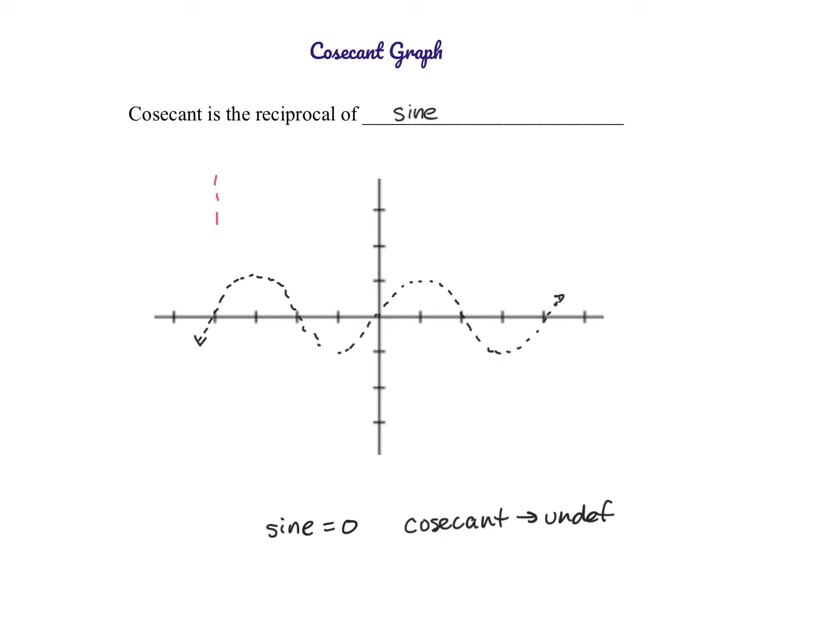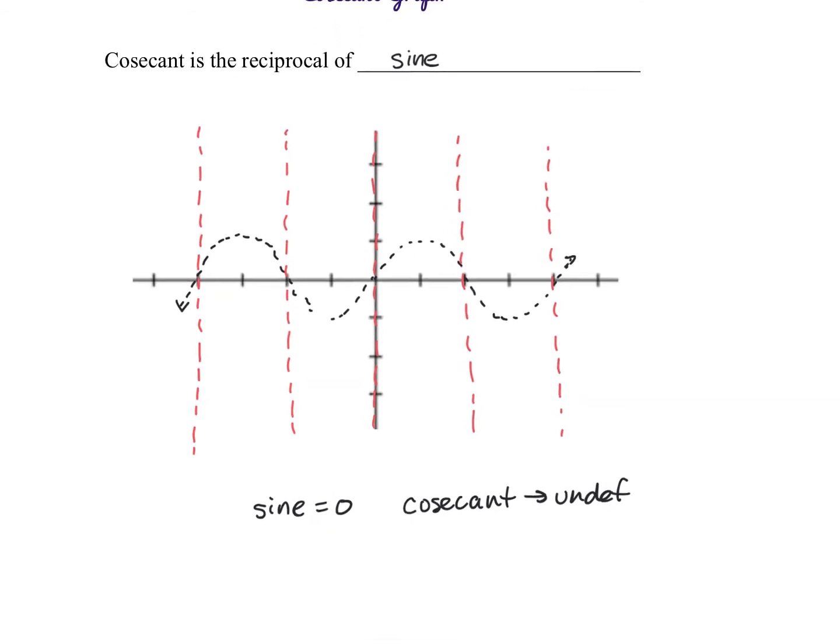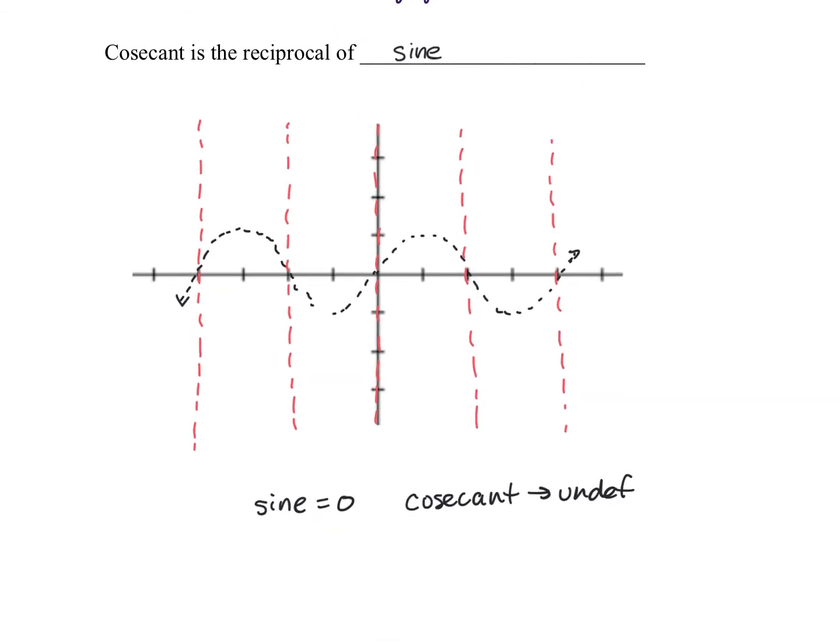So any place that I see an x-intercept, I'm going to sketch in a vertical asymptote. Cosecant has repeating asymptotes, just like tangent does, and the asymptote occurs every half of a period.